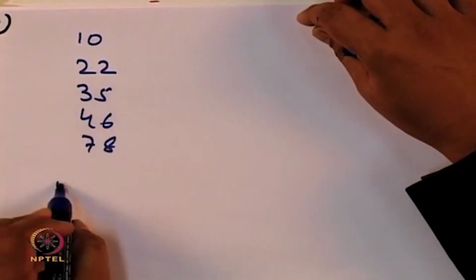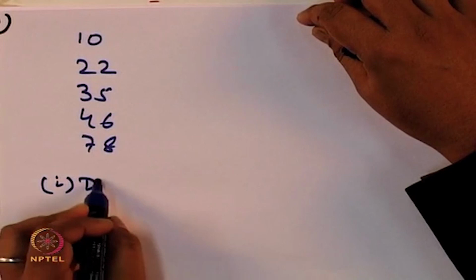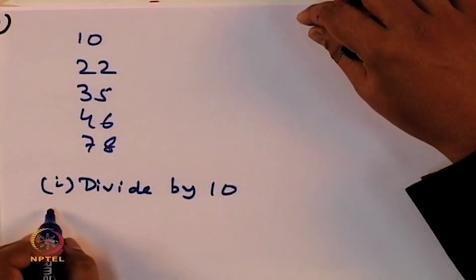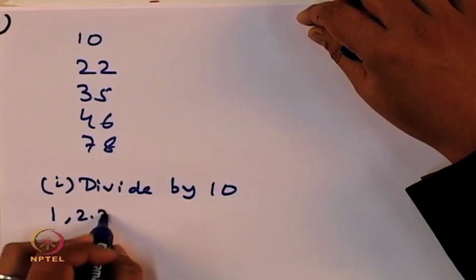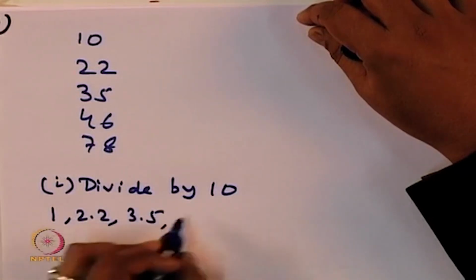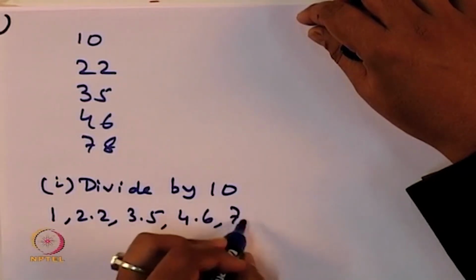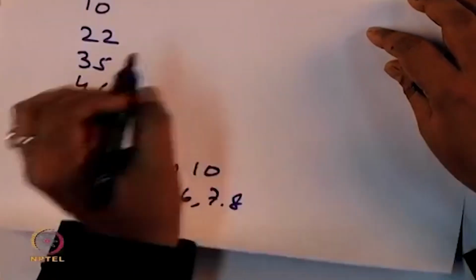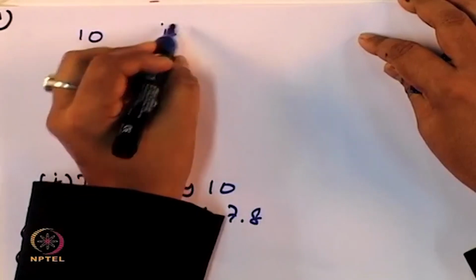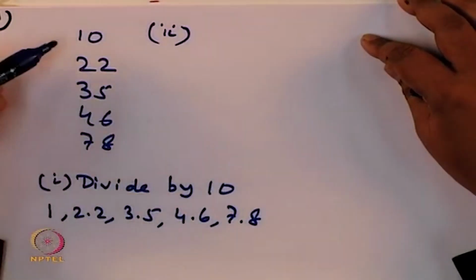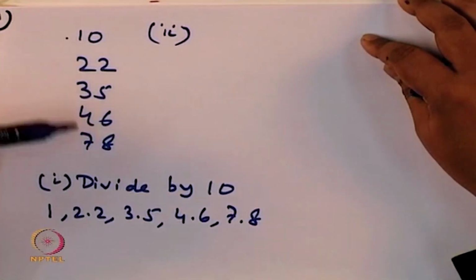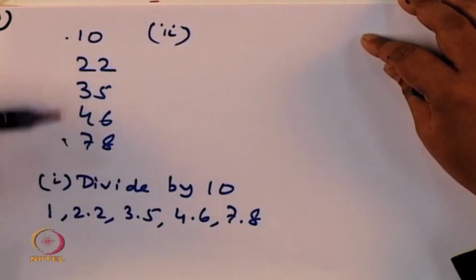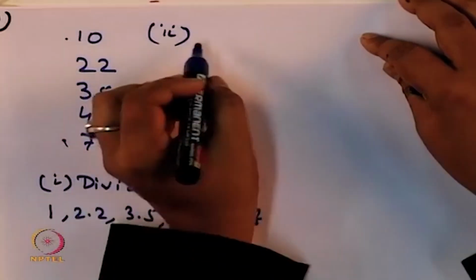So, one possibility is to divide by 10. Then you have the numbers 1, 2.2, 3.5, 4.6 and 7.8. These you can add up by hand very easily. The second possibility is, like we did, we identify the smallest number, which is 10, and the largest number, which is roughly 80, so the sum is 90, and the average is roughly 45.